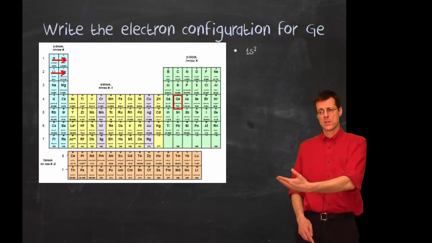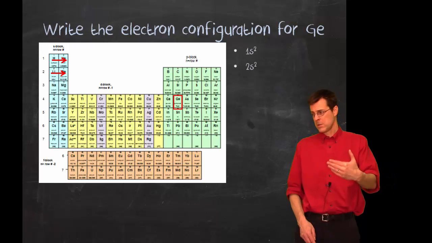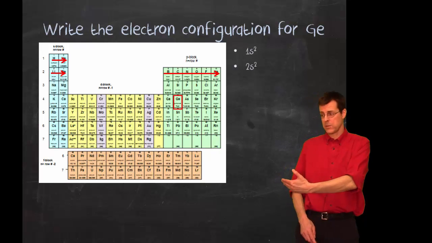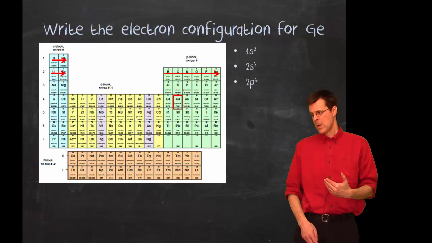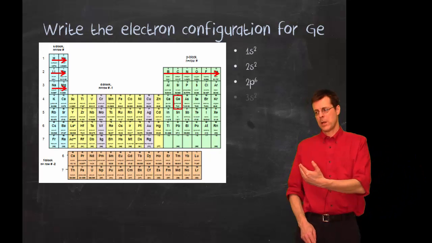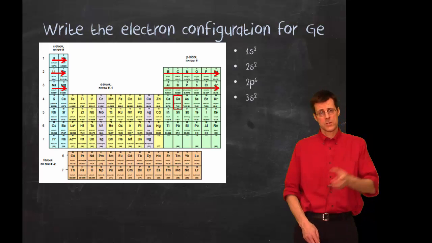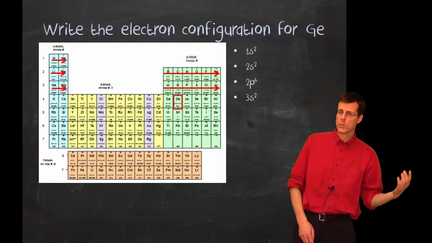Work my way across the second row. My second row starts at 2s2, and then I jump across that gap and do the rest of row number 2, and that takes me all the way through to p6. Then I start row number 3 and do the same thing, all the way across row number 3, so my 3s and then the 3p, and then I start row number 4.